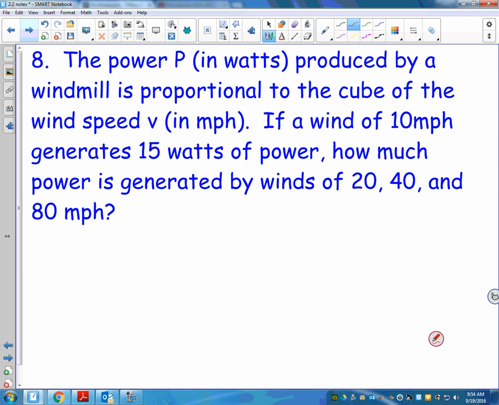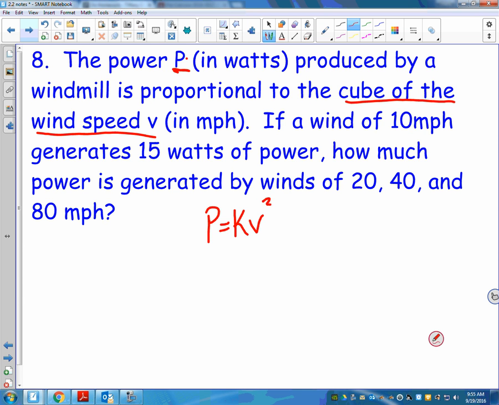Because look, it's proportional to the cube of the wind speed. So it's not just proportional to the wind speed, it's proportional to the cube of the wind speed. It's direct variation. So instead of y, I'm going to say P varies directly as, I can't just say v, because it's the cube of the wind speed.